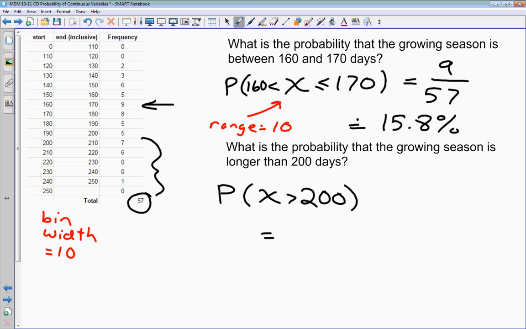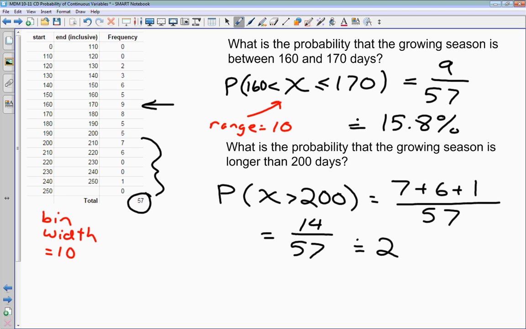Okay. So we can total these all up. 7 plus 6 plus 1 gives us 14. So it's 7 plus 6 plus 1 out of a total possible number of 57 again. So we get 14 out of 57, which is about 24.6%.